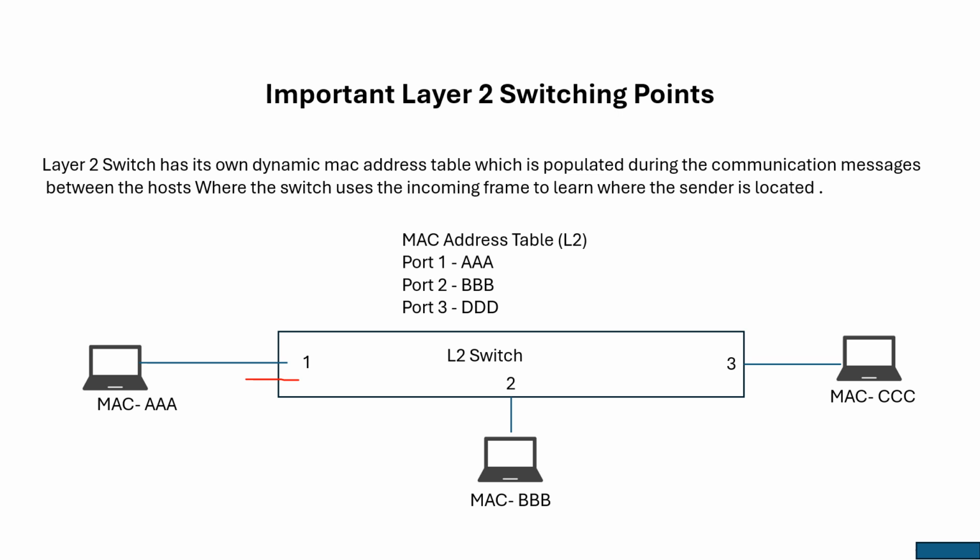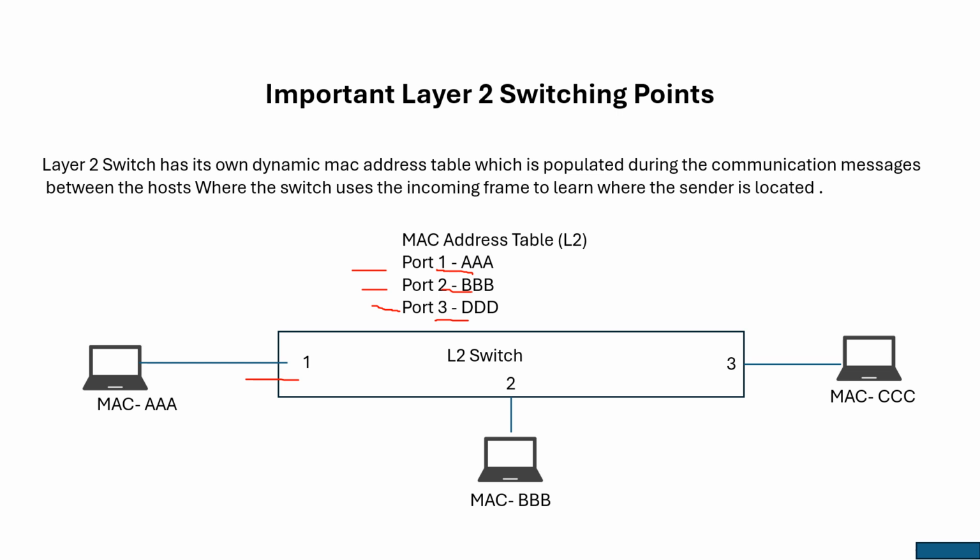So when unicast or broadcast communications happen between all these three PCs, the switch has a sufficient amount of frames to do the lookup, and in the first lookup itself, the switch populates the information that port 1 is connected to AAA, port 2 is connected to BBB, port 3 is connected to DDD.